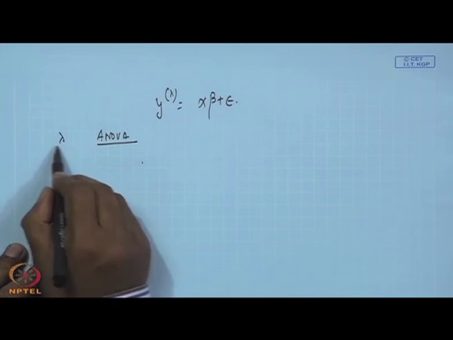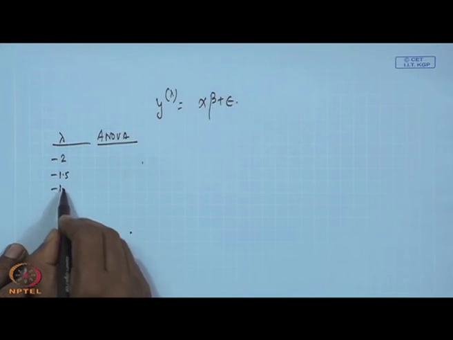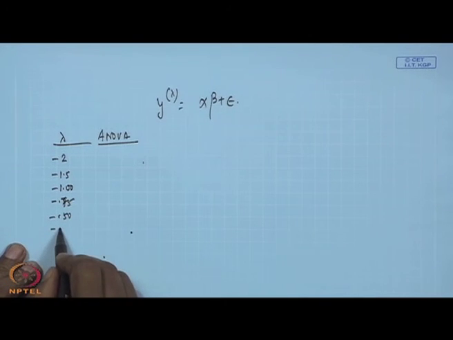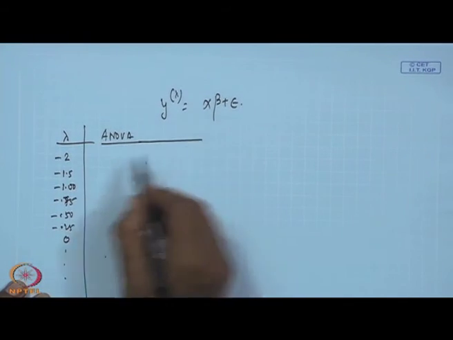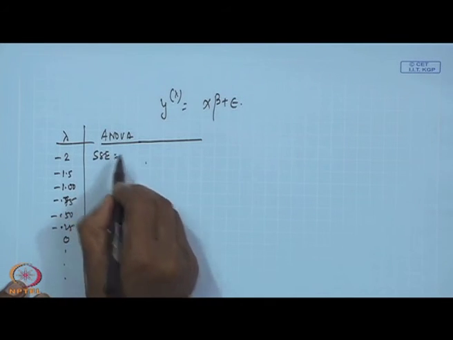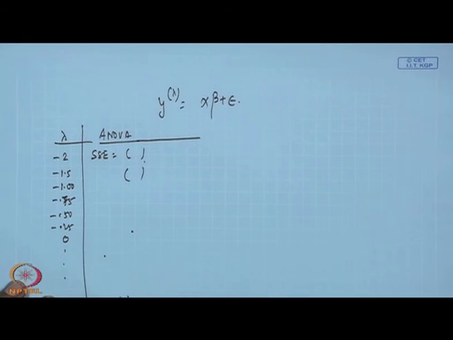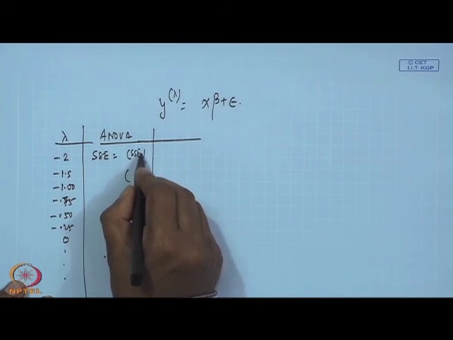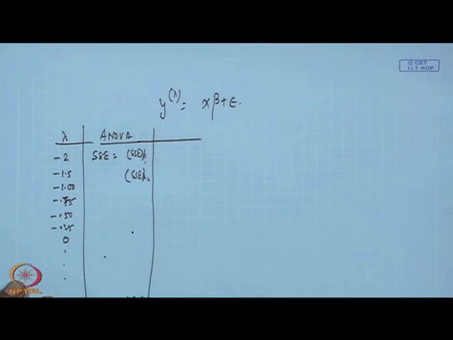Suppose I write lambda values like this: minus 2, minus 1.5, minus 1, minus 0.75, minus 0.5, and positive up to maybe plus 2. Then in your ANOVA table, one component is SSE. You find out the SSE value, like this all the SSE values will be there. I can say it is SSE lambda 1, SSE lambda 2, like this up to SSE lambda k.